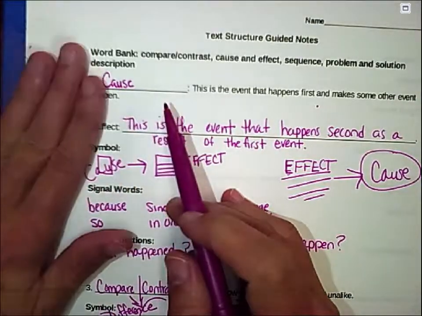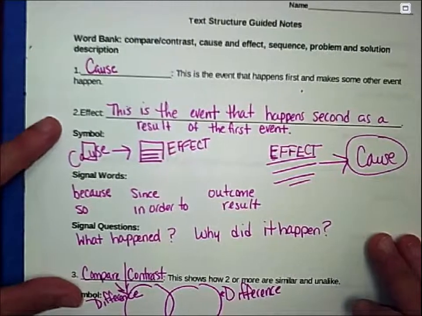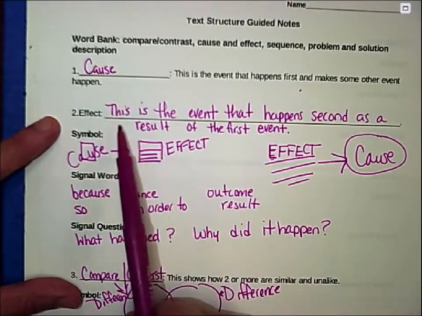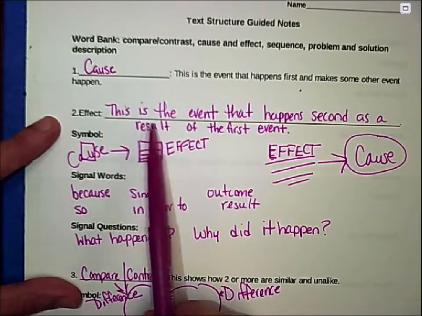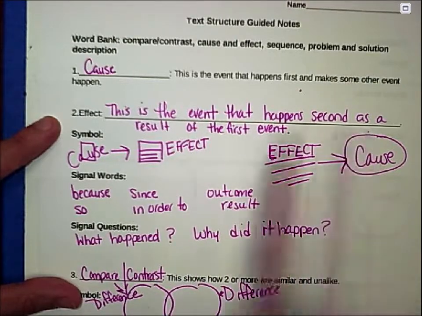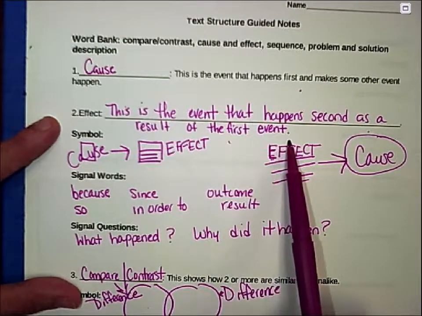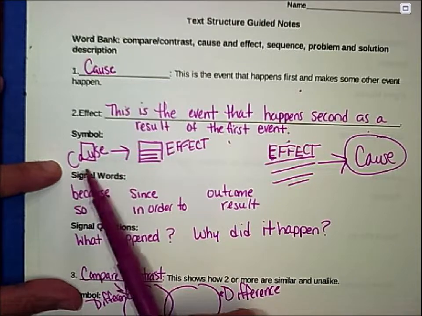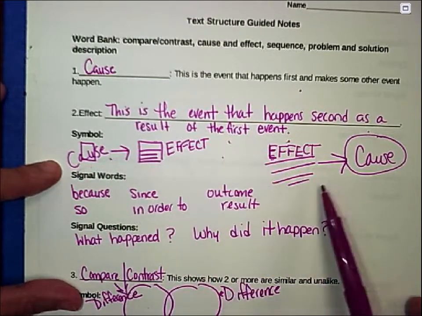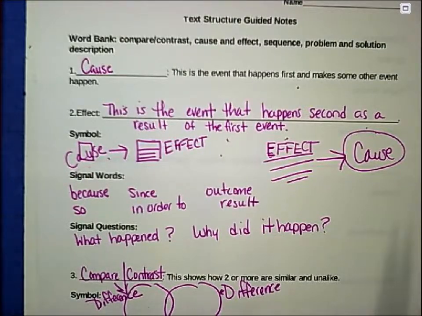And because of that first event, we have an effect, okay? And the effect is, this is the event that happens second as a result of the first event. And our symbol was cause to effect and effect to cause. And I mentioned the example about the deer, okay?